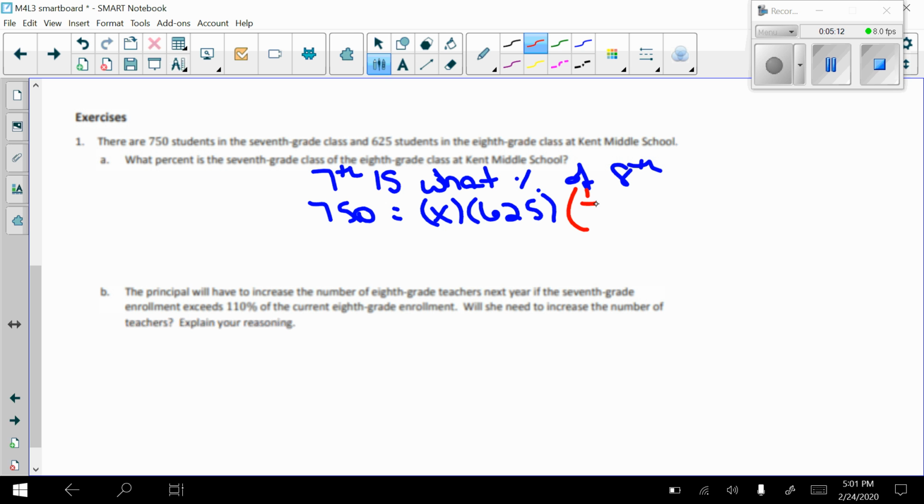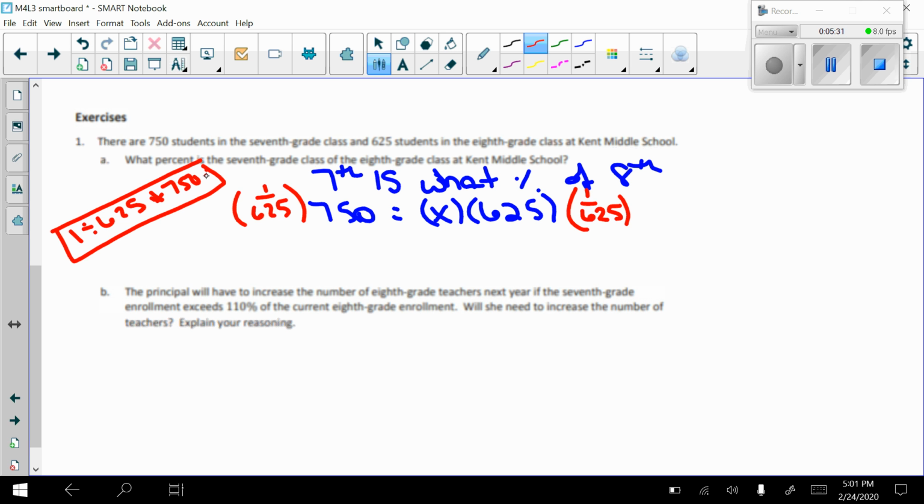Multiply by the reciprocal of the coefficient, using the property of equality. Pick up your handy-dandy calculator. 1 divide 625 times 750 equals, and I find out 1.2 equals x.